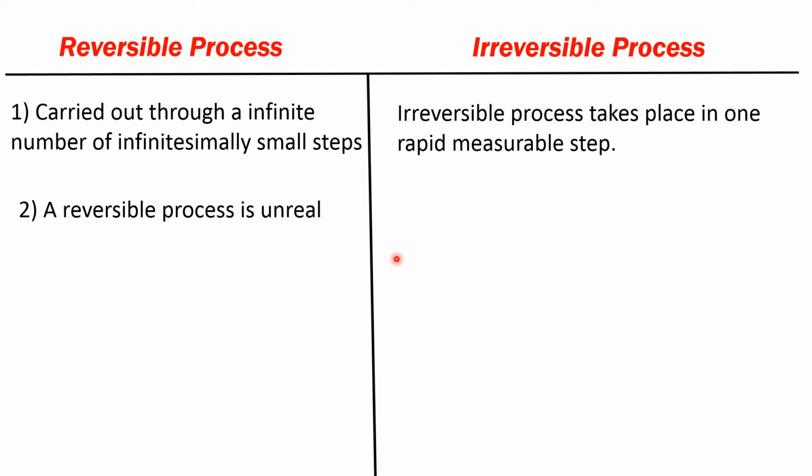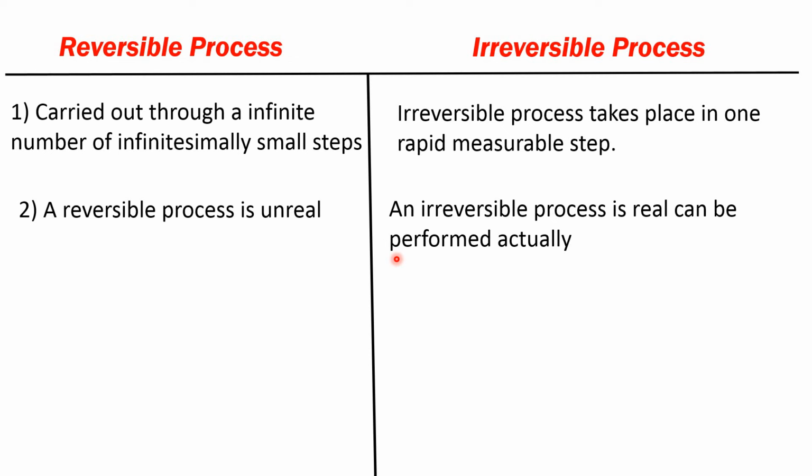Then reversible process, practically you cannot do it. Just imagine one sand particle being removed and a little volume expansion. Practically that is not possible. So it is theoretical and unreal, and irreversible process is real, means practically you can perform it.